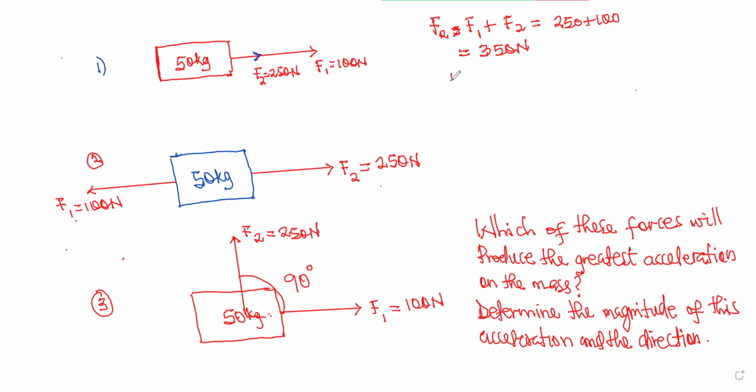From Newton's law, the resultant, unbalanced, or total force is equal to mass times acceleration. Therefore, acceleration will be 350 divided by 50, and that is 7.0 meters per second squared.